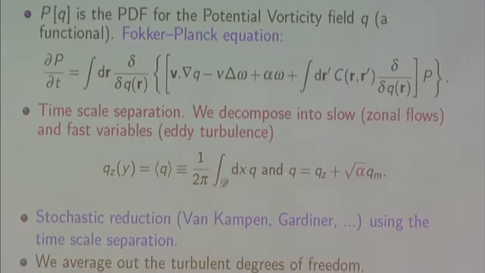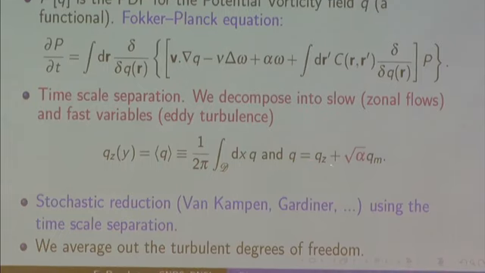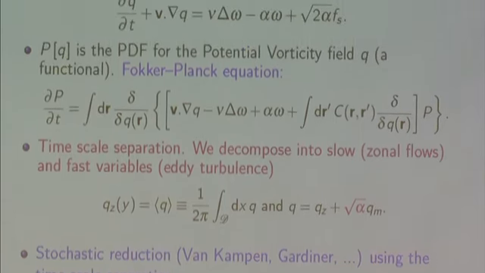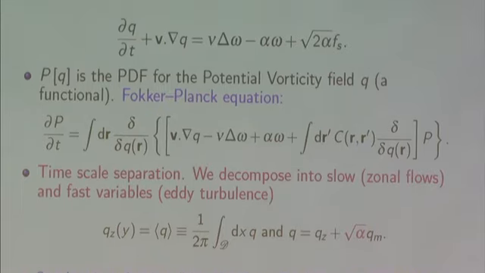Then we write that Q can be decomposed into this zonal part QZ plus some perturbation. And we will argue that the perturbation will go like the square root of alpha. Why? Because the forcing at any time will be of order square root of alpha.